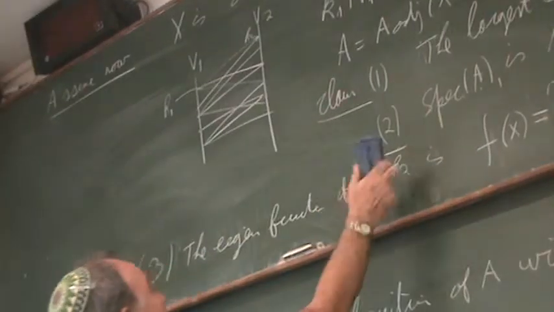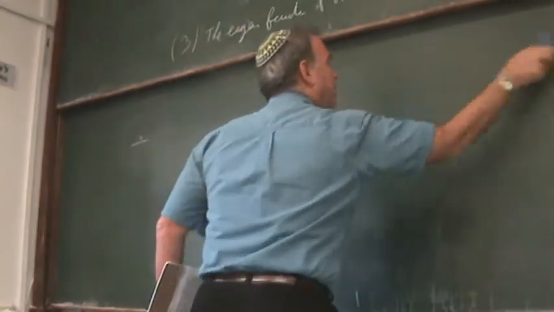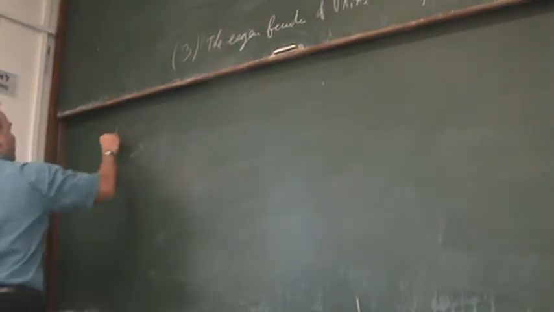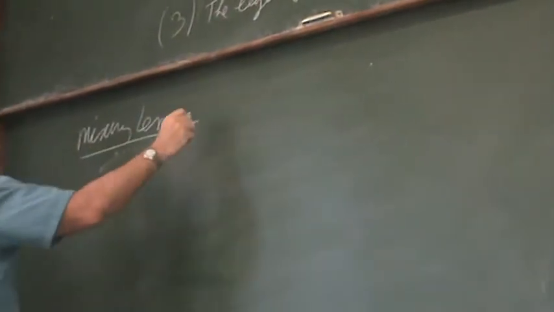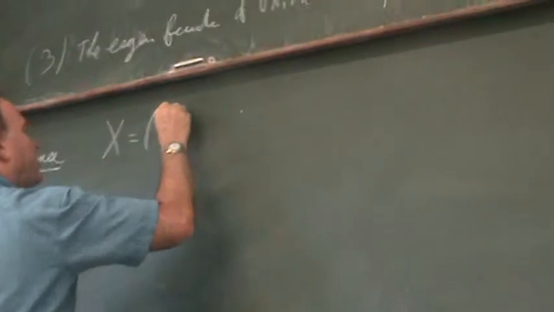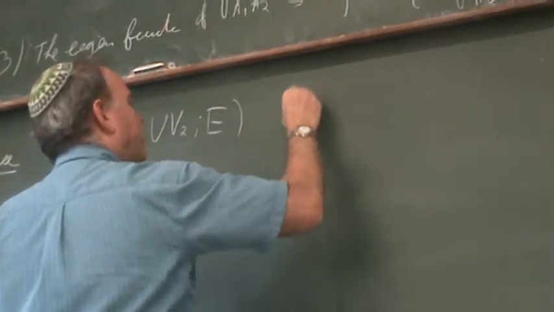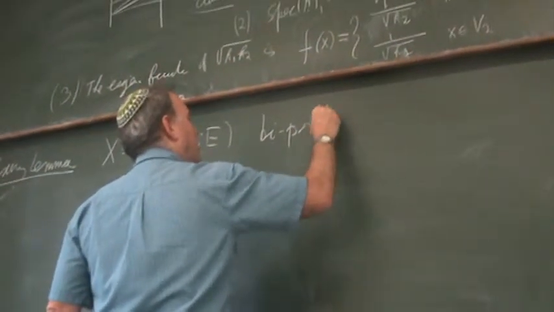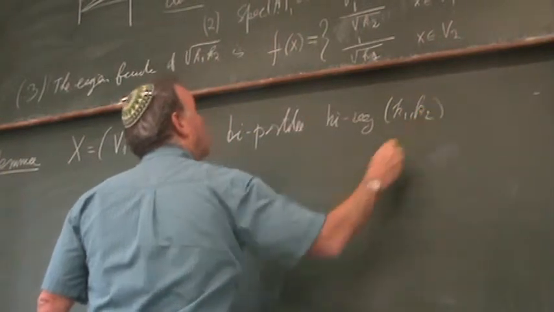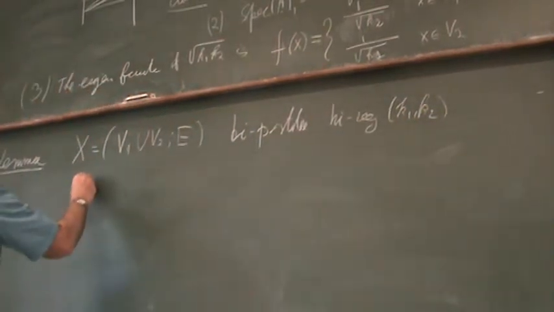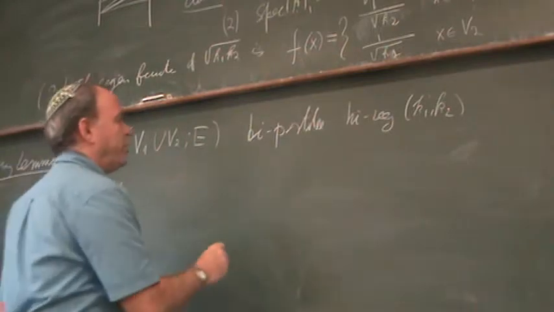I'll keep this situation, and the theorem, which will be kind of a mixing lemma, is again: G is bipartite, with X equal to V1 union V2, bi-regular with degrees k1 and k2 as before, and connected.